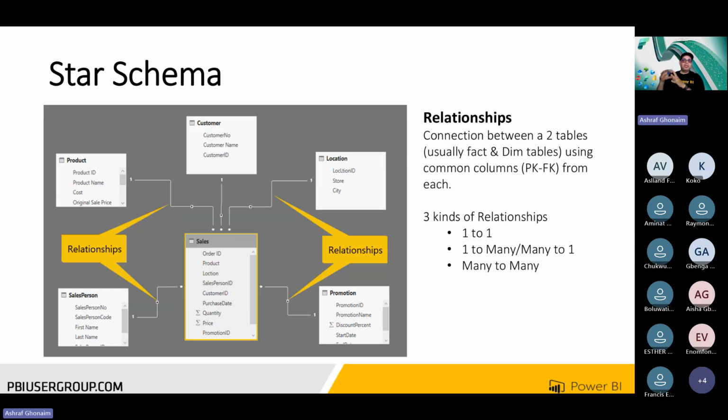So the primary key, guys, is the unique identifier of the table. Every single table should have a column or a combination of columns that can identify the uniqueness of the table. Let us keep it simple now.